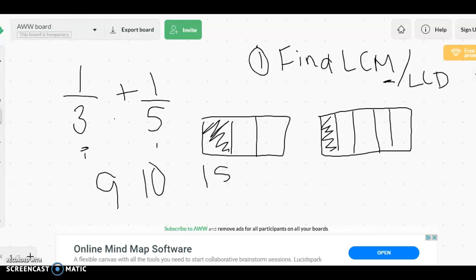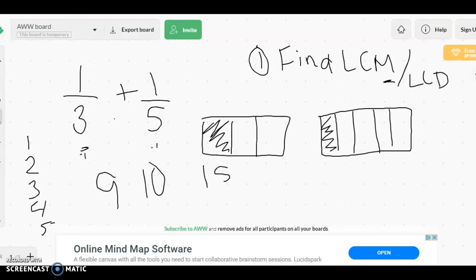Nope. So if it helps you to work up the different factors, that's totally fine. You can go 1 times 3, 3 times 1, 3 times 2, 3 times 3, 3 times 4, 3 times 5, all the way up until you find a number that 3 and 5 both go into that's the lowest option, the first option you run into. Okay, so I hope I didn't make that more confusing.